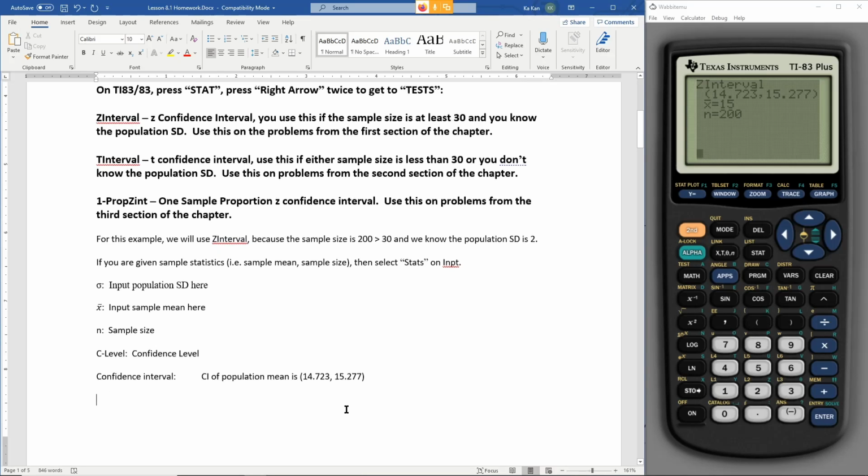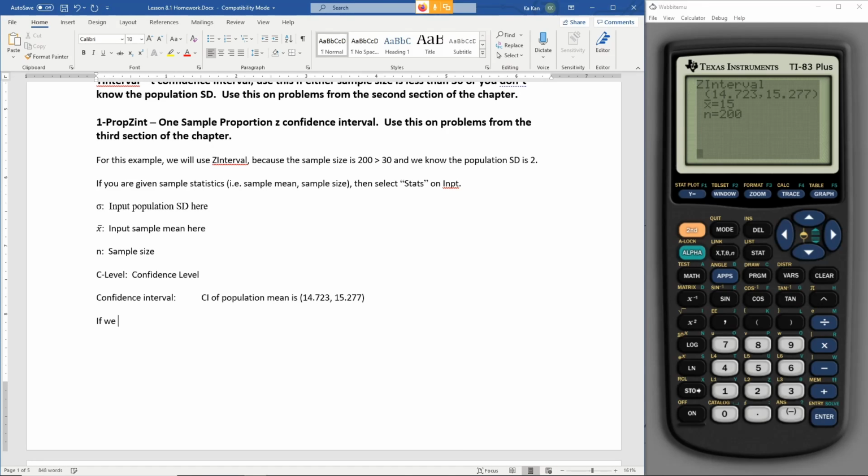Here's what it means in words. It means that if we sample this population repeatedly, say you go and ask another 200 people, 100 times, then 95% of those 100 times will yield a sample mean between 14.723 and 15.277.